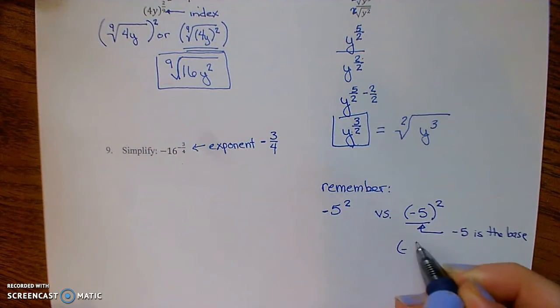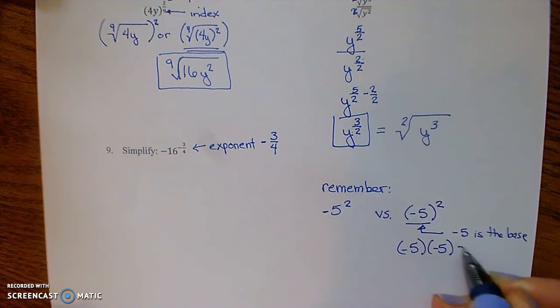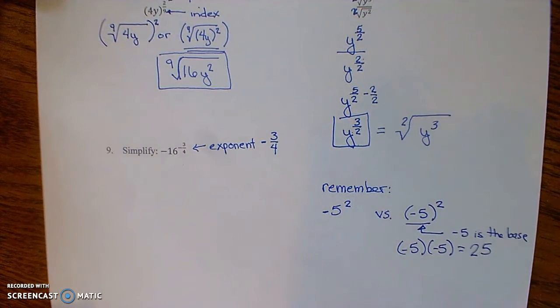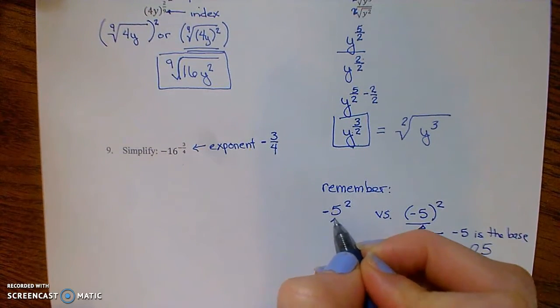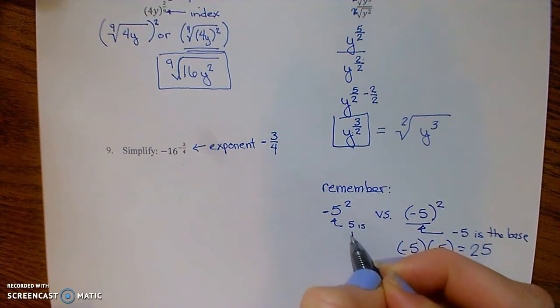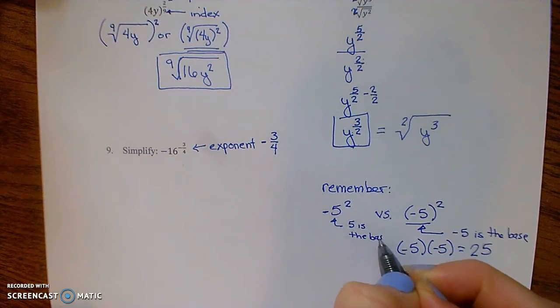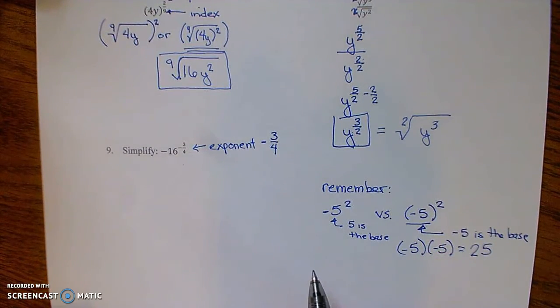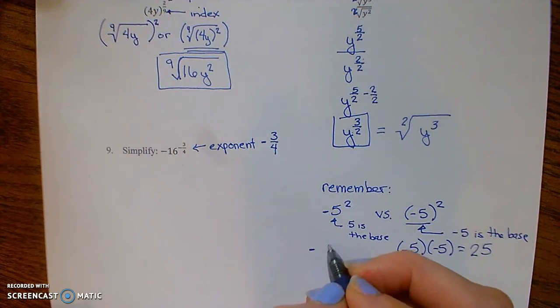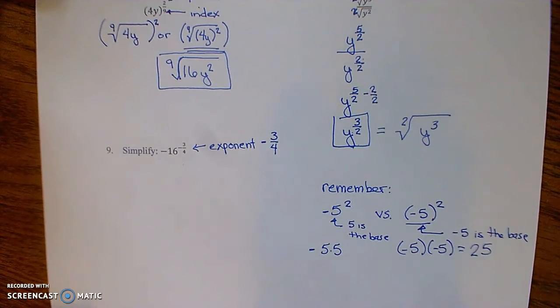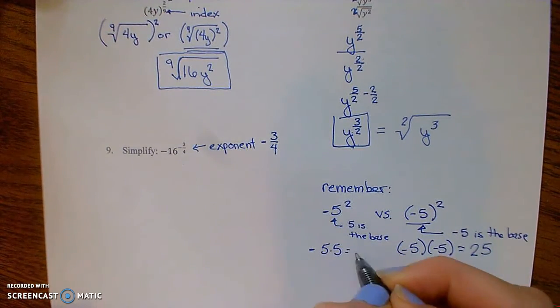So this will be -5 times -5, or positive 25. Now here, only 5 is the base, and then that negative sign just kind of goes along for the ride. So really what this means is -5 times 5, which is -25.